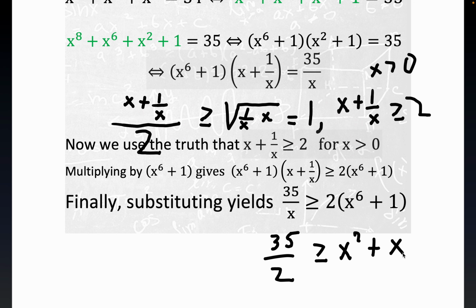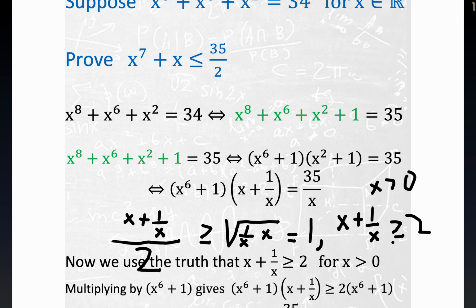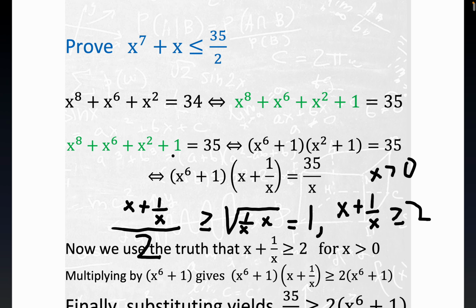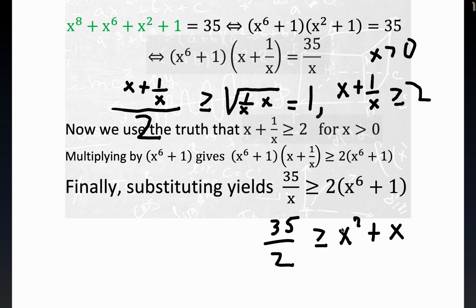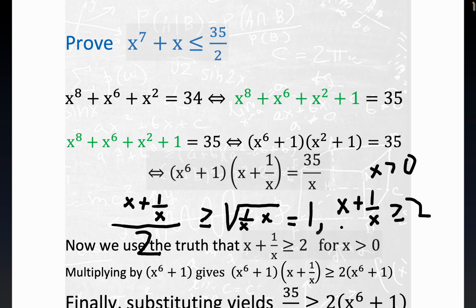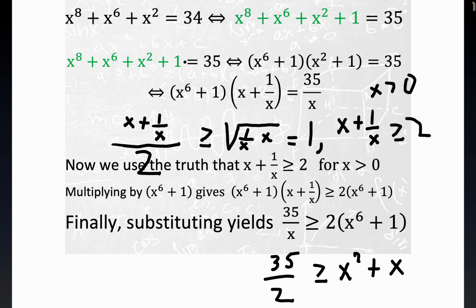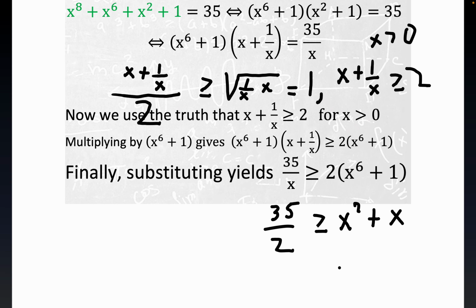And of course, this is just written the other way around from what we're trying to prove. But the inequality we're trying to prove is certainly equivalent to this. Sorry, I can't keep it all on one screen. We were trying to prove this, and we got this. So we can write down, thus we have demonstrated, QED.